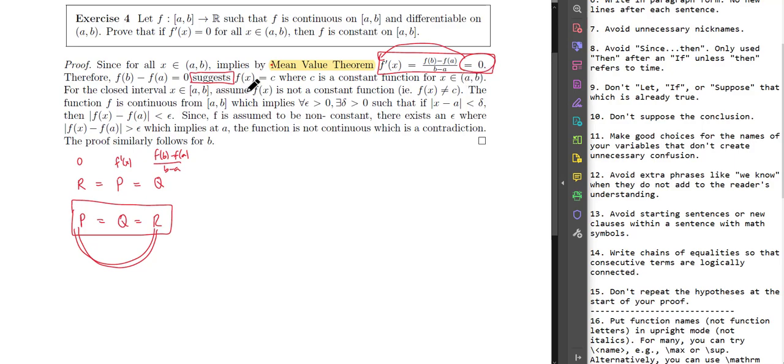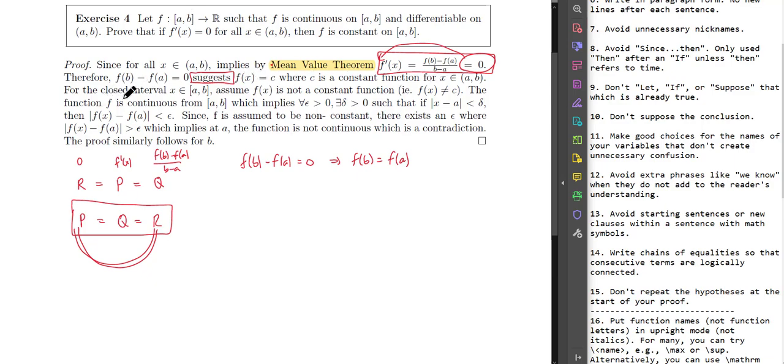So I don't think this follows, right? What I can see here is that if f of b minus f of a equals 0, that tells me that f of b is equal to f of a. And a and b are two very specific points, namely the endpoints of the interval. So all I'm convinced of at this point is that f is constant on the boundary points a, b. So I don't think you can make this claim.